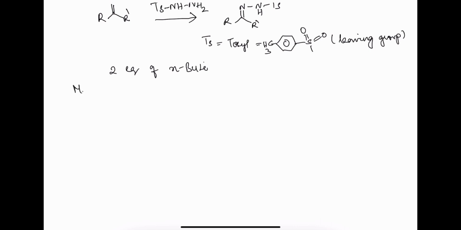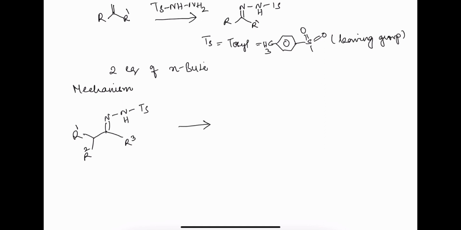So let us look at the mechanism. Let us take any tosyl hydrazone with R1, R2 and R3.